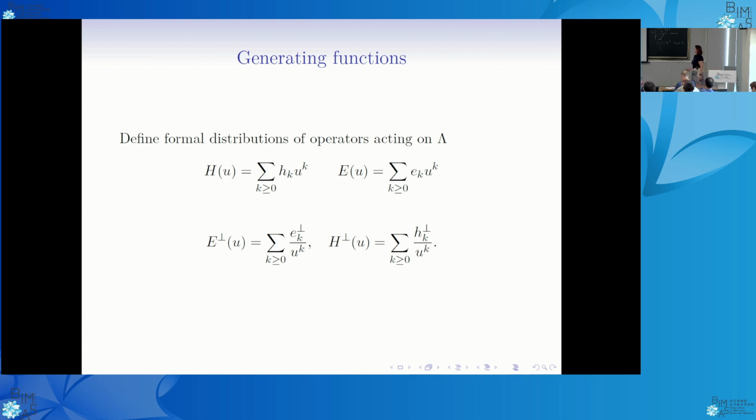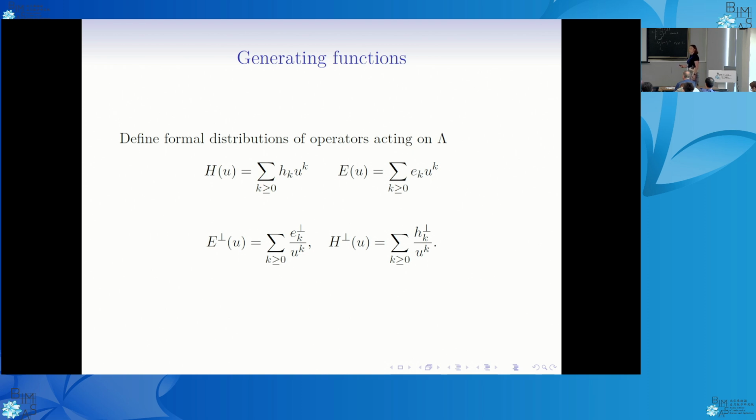Now, we want again to combine everything in generating functions and formal distributions. So let's take operators of multiplication by complete symmetric functions, operators of multiplication by elementary symmetric functions, adjoint operators for both families, and let's combine them in formal distributions.